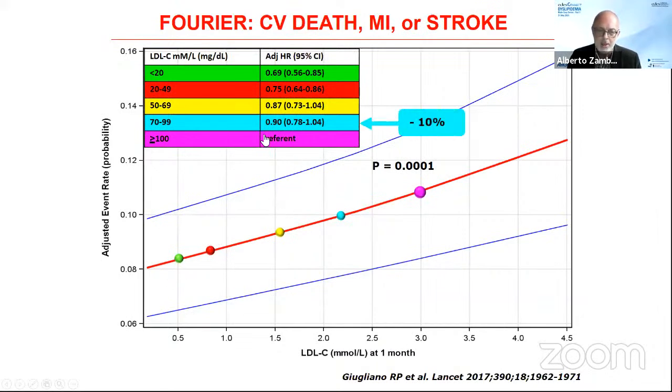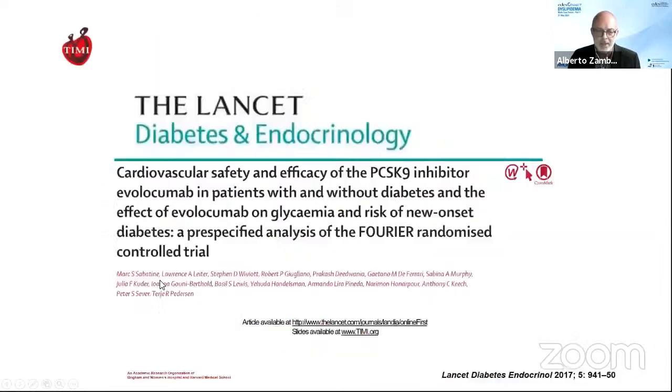If we look at the event rate in those with 70 to 79 milligrams per deciliter, the event rate is decreased by 10% compared to the reference group with an LDL cholesterol above 2.6. But if we look at those with less than 0.5 millimoles per liter, the event rate is further decreased by 31%, suggesting that the linear relationship holds true even at very, very low levels of LDL cholesterol.